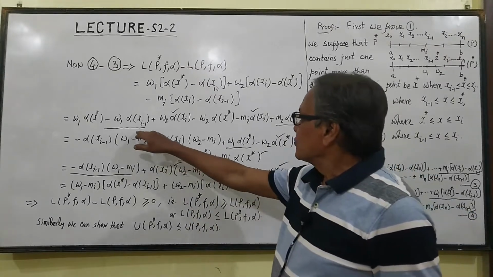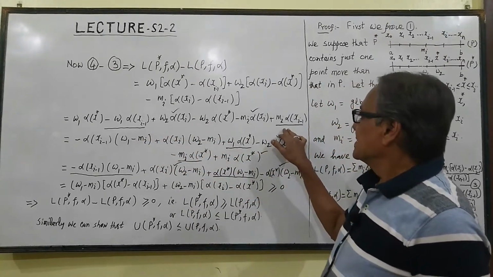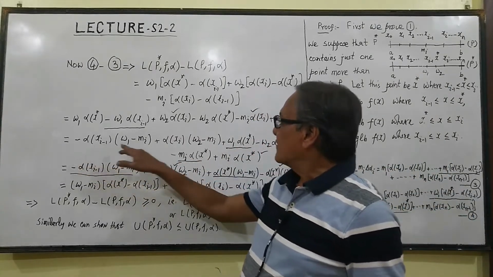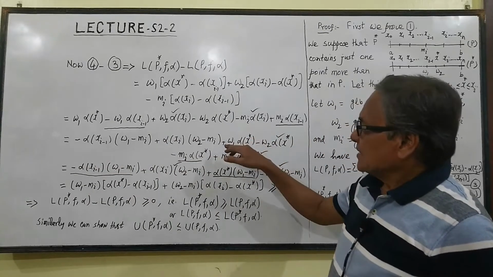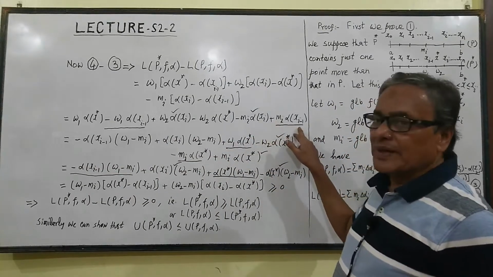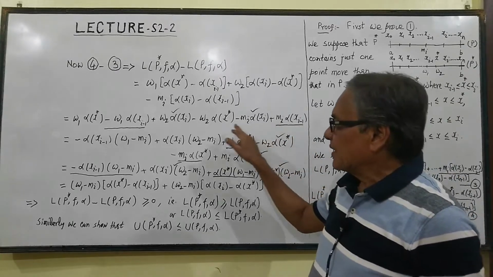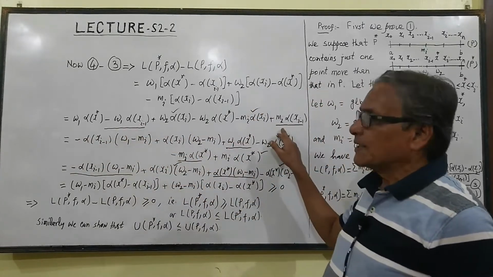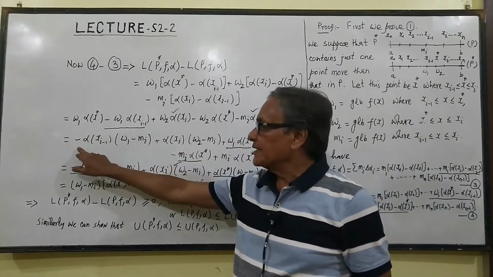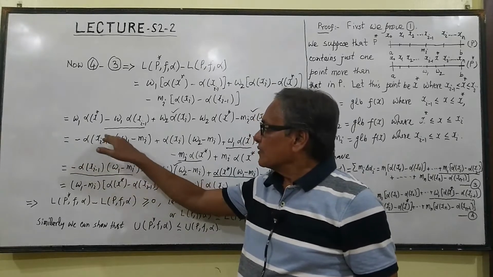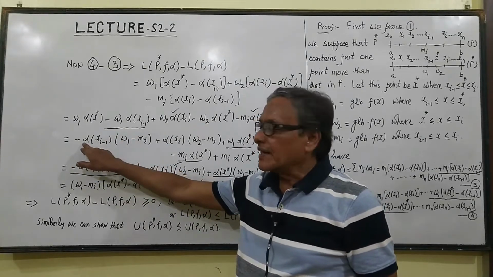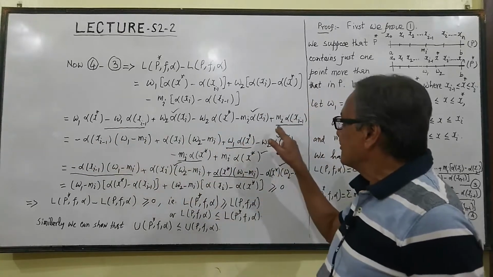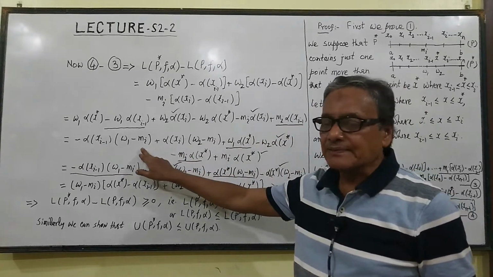So first we use these two terms underlined. On taking common minus alpha xi minus 1, we will be left with W1 minus mi. Minus is already outside the bracket. So if you put common minus alpha xi minus 1, here we should be left with W1 and here we will be left with minus mi.